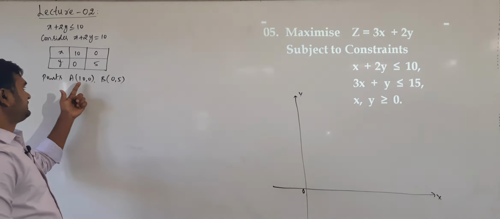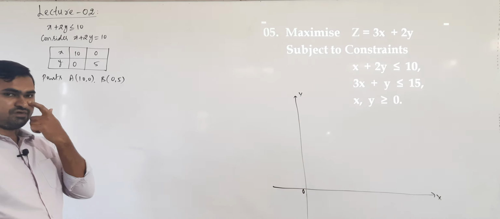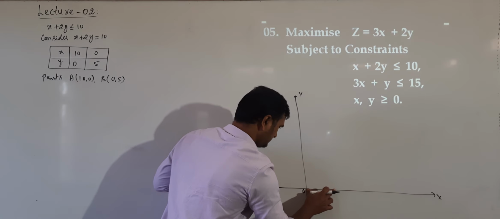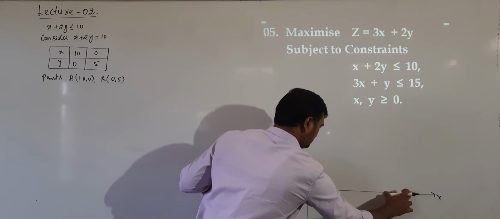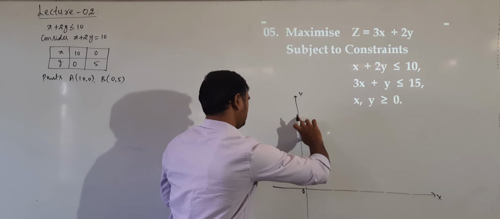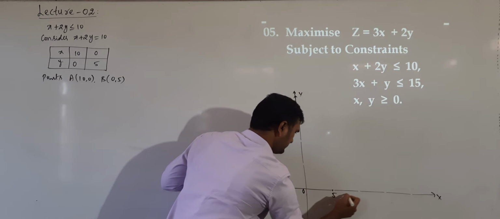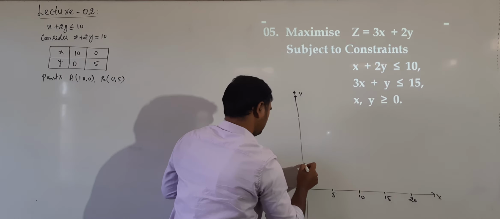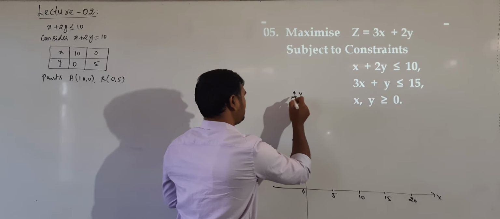Here we have the points 10, 5. In the second inequality we will have 15 and 5, so I will take a scaling of 5. I will take 5, 10, 15, 20 on both axes.